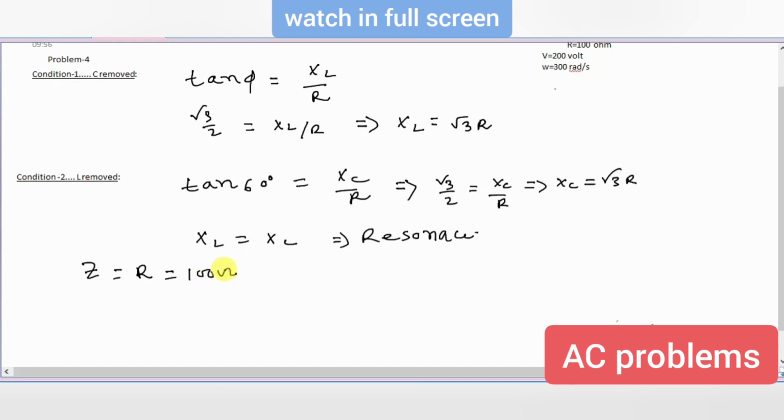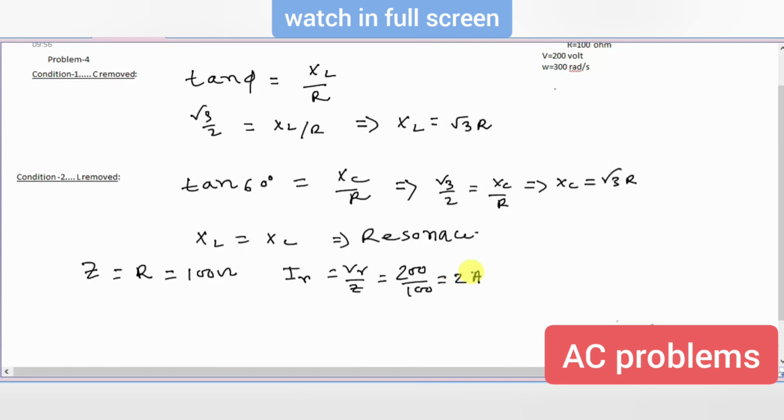Therefore we find out the RMS current I equal to V by Z, the voltage 200 volt divided by 100. Therefore our RMS current is 2 ampere.